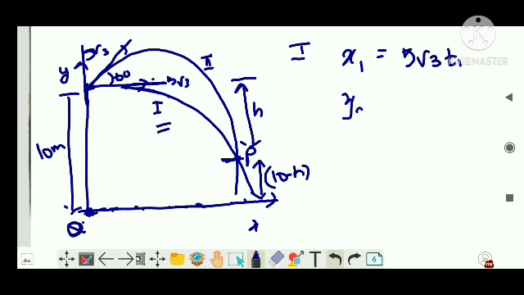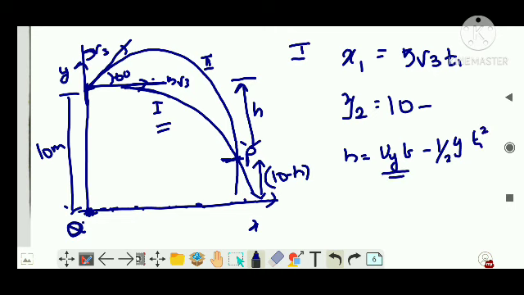Now, you have vertical displacement also for the first ball, right? So how would you calculate the vertical displacement? It is again easy. I just told you it will be 10 minus h. So I have to write 10 minus. And how can I find the h? h is uyt minus half g t square.